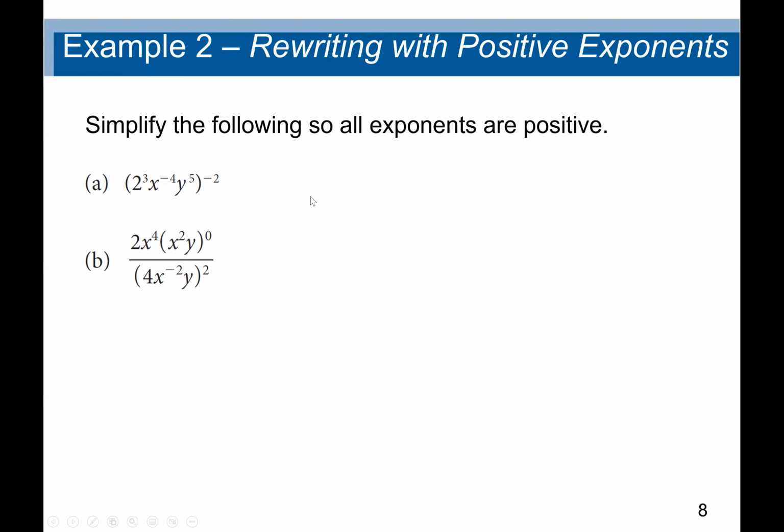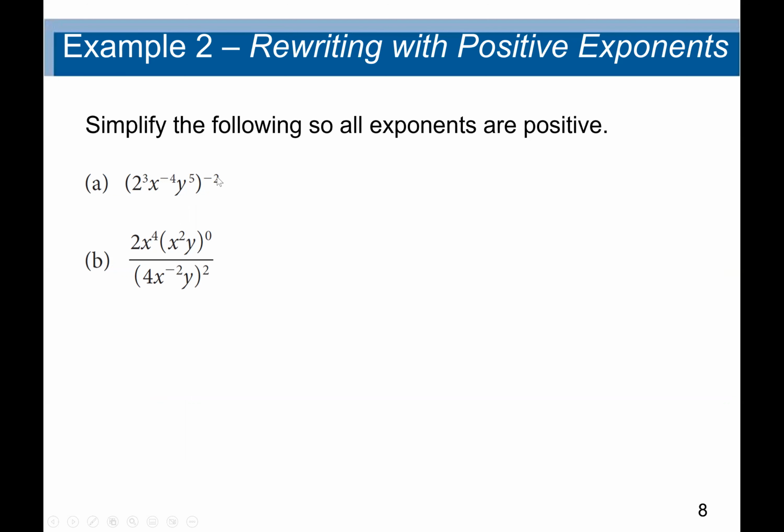So let's see an example now. Here they say we should simplify the following using all the rules that we went through. First we have 2 to the power 3 times x to the power 4, y to the power 5, everything raised to the power negative 2. The first thing I can do is find the reciprocal of everything and change the negative 2 to positive 2.